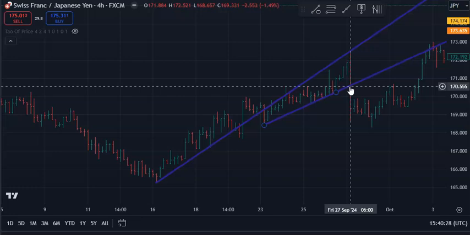Now, I want to multiply. I'm sorry, the high is not 175. It's 172.52. I don't know where I got that from. And then I take the value of the line, which is 170.55. I get 197 points, 200 points.